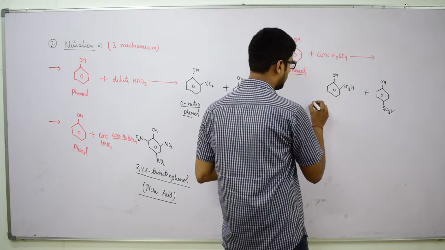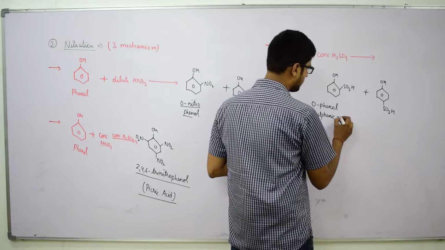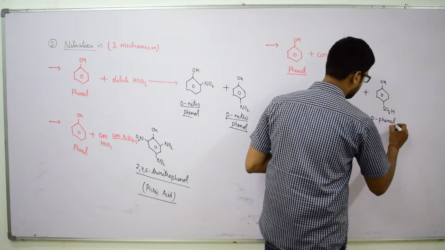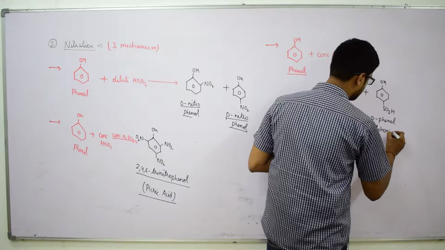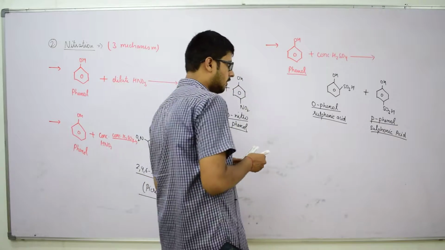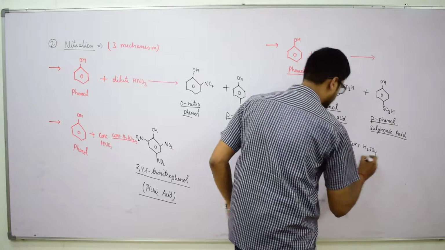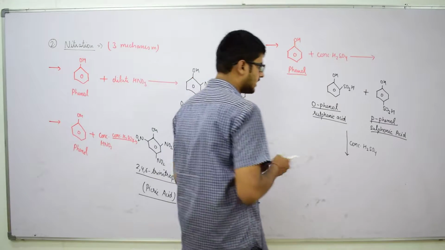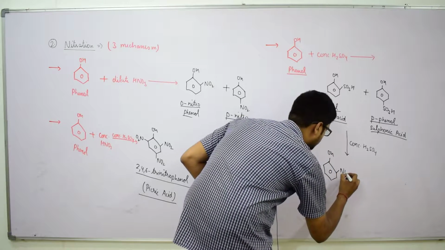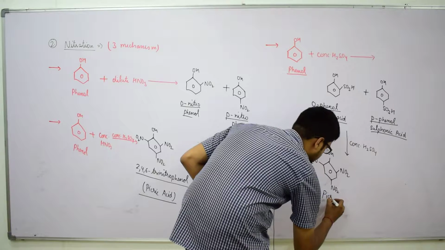This is orthophenol sulfonic acid and this is paraphenol sulfonic acid, and on further treatment of this compound with concentrated nitric acid, it leads to the formation of picric acid again. Again 2,4,6 trinitrophenol is formed, which is commonly called picric acid.